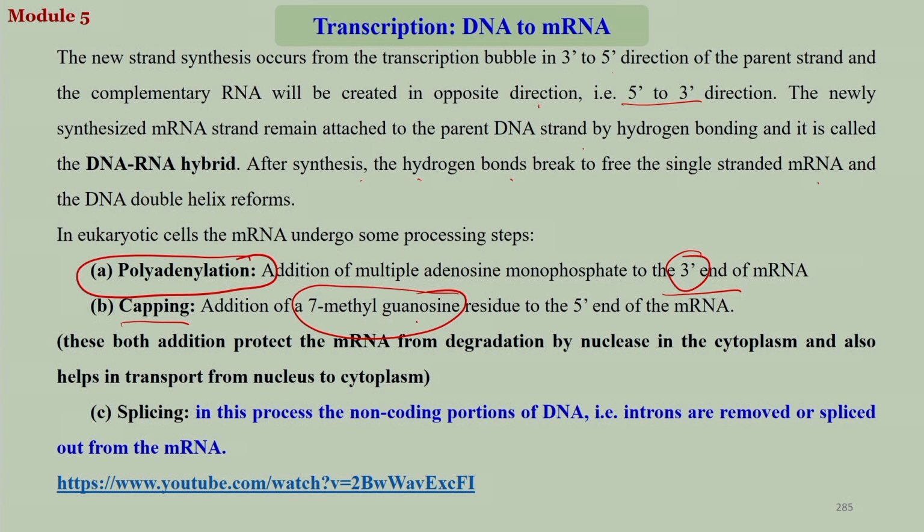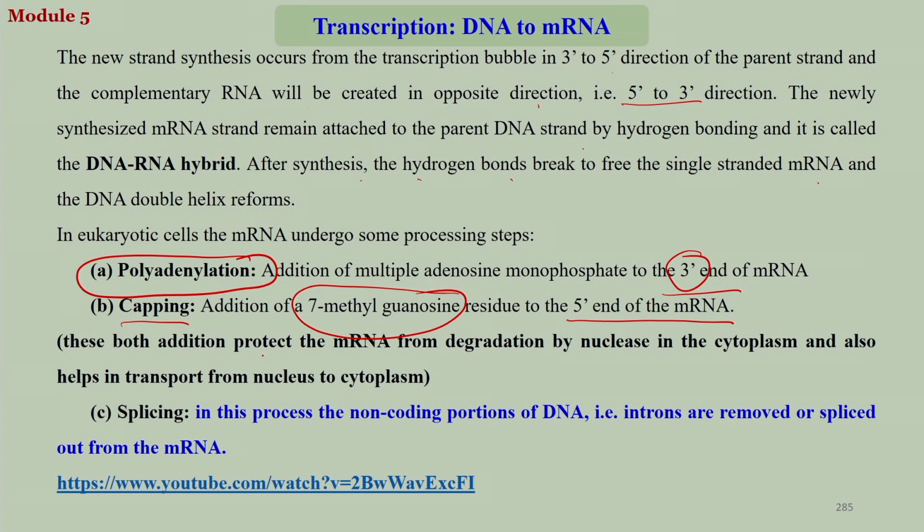So, 7-methyl guanine, the modified version of the guanine, is added to the 5' end of the mRNA. Once that is there, the RNA is capped, it can go no further, because this is not regarded as a base pair unit.